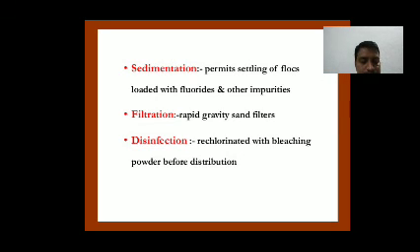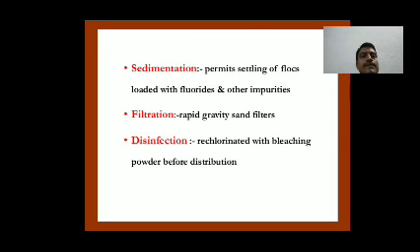Then after, the sedimentation process. It is the process of settling down the suspended particles of water due to gravitational force. It permits settling of floc loaded with fluorides and other impurities.